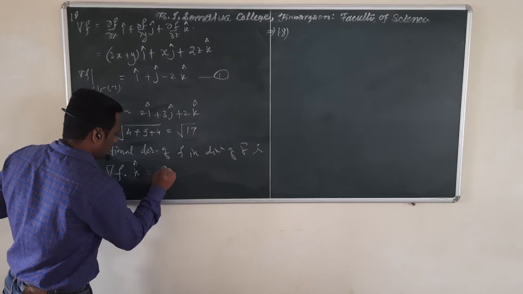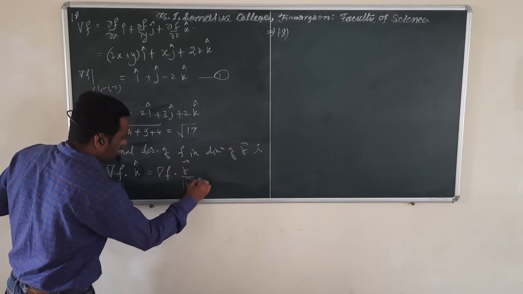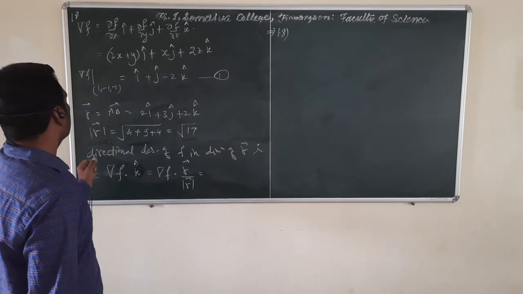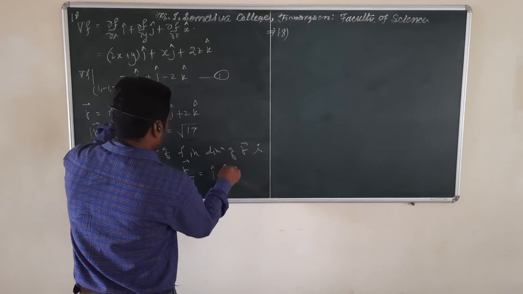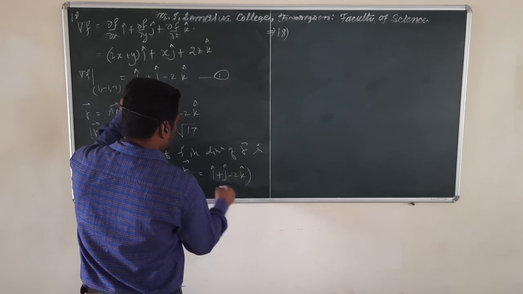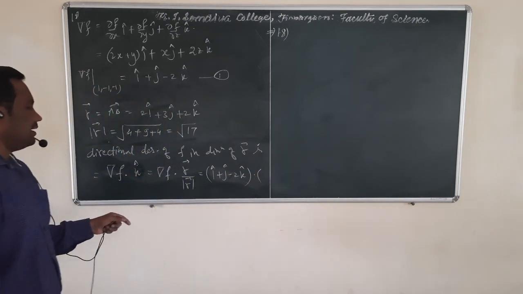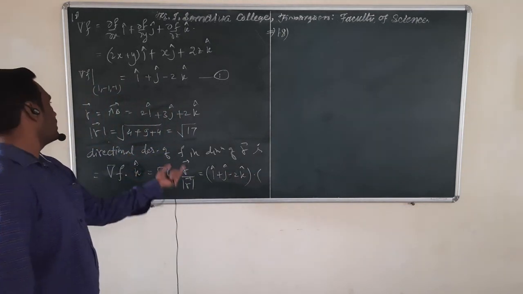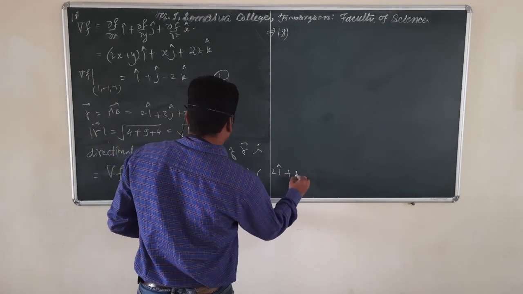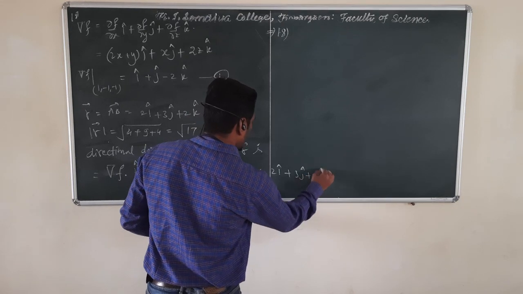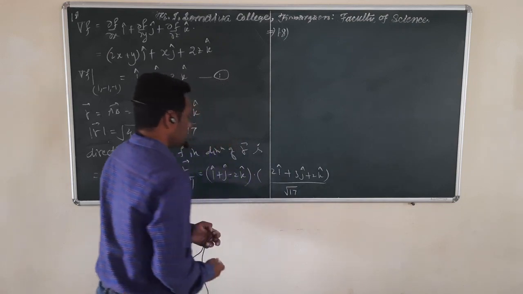So that is the gradient of f dotted with vector r divided by the magnitude of vector r. The gradient of f is i plus j minus 2k, dotted with vector r, which is 2i plus 3j plus 2k, divided by root 17.